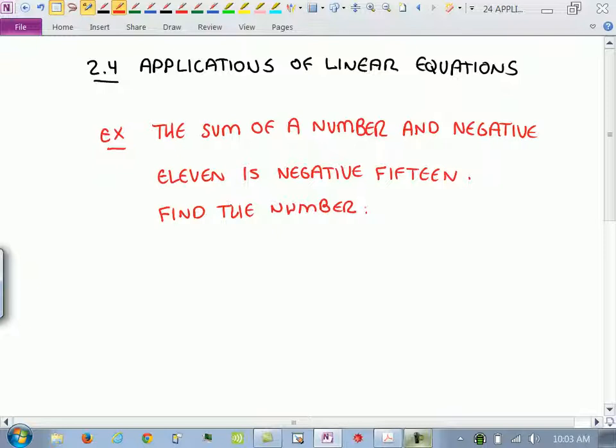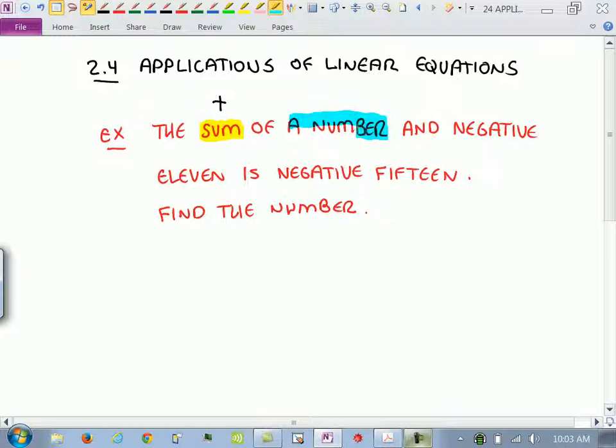Okay. The sum of a number and negative 11 is... So all this problem is about is just can we turn words into math? All right, what are the key words here? Sum. Sum means what operation in math? Addition. So anytime we see sum, we should be thinking addition. Okay, so the sum of a number.